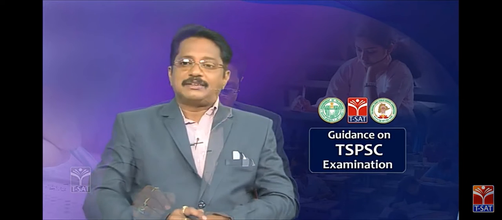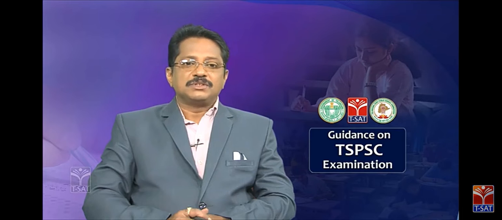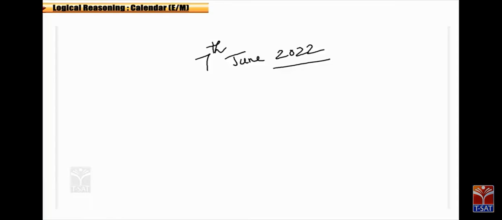This is one of the first questions they expect in the examination. For example, what is today? Today is 7th June 2022, and you know that today is Tuesday. Now we will check whether it is Tuesday or not.